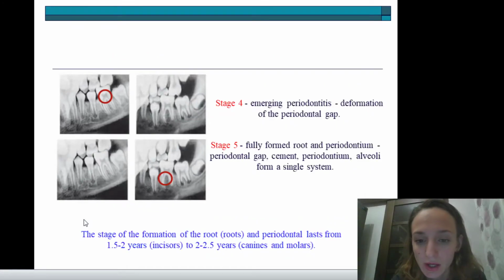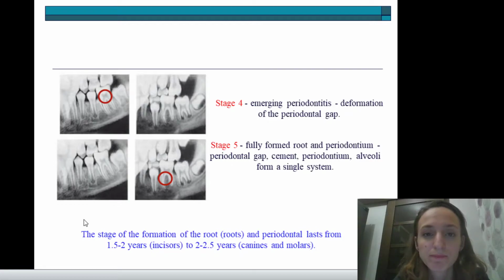Stage 4 is formation of the periodontal tissues. Stage 5, when you can see a fully formed root and periodontal tissues: periodontal ligament, cement, periodontium, and alveolar structure, all as a single system.